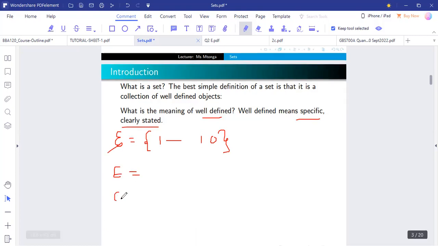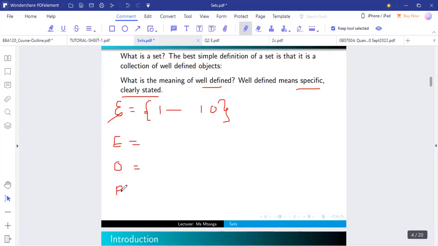Can somebody give me a set of odd numbers? Can somebody give me a set of prime numbers? Even numbers are 2, 4, 6, 8, and 10.